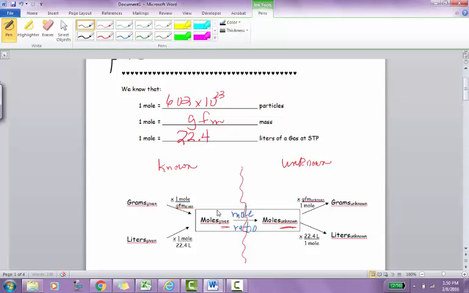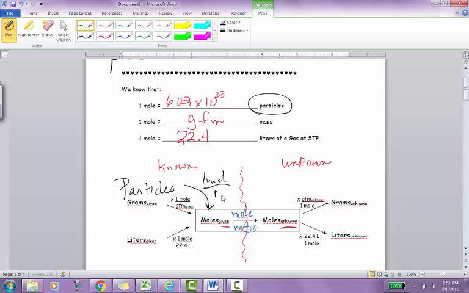There's one part to this diagram that's not listed that I would encourage you to add, and that has to do with particles. So really we should also add particles over here on the left. This would be particles of known, and that can be converted into known or given moles by using 1 mole over Avogadro's number.